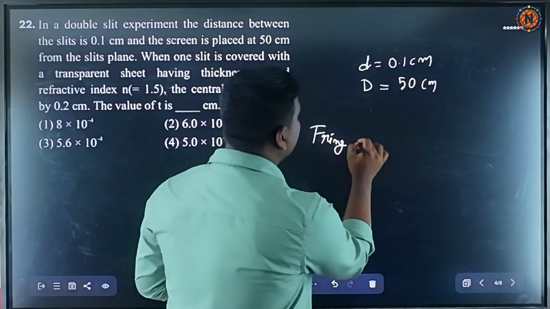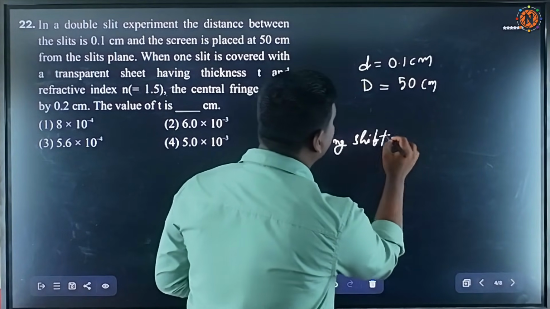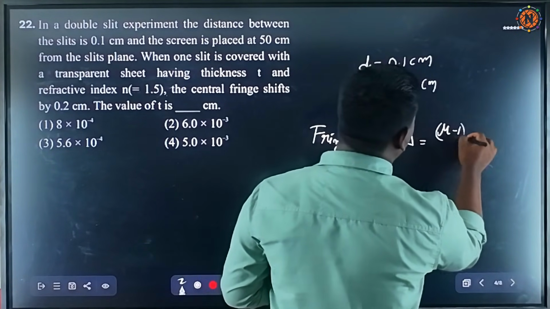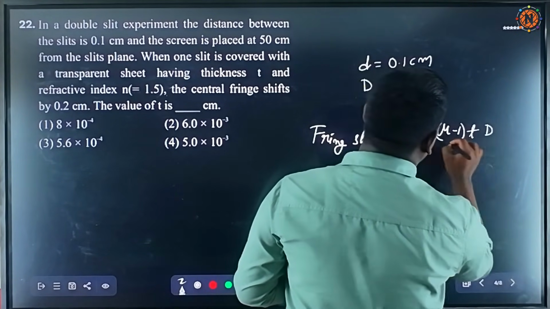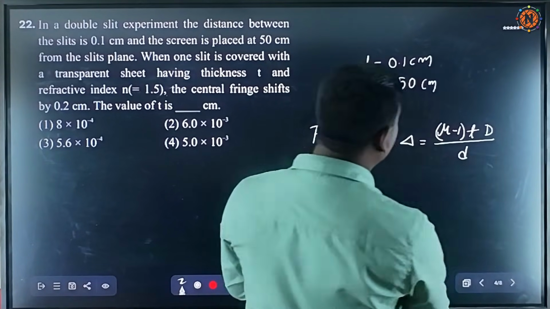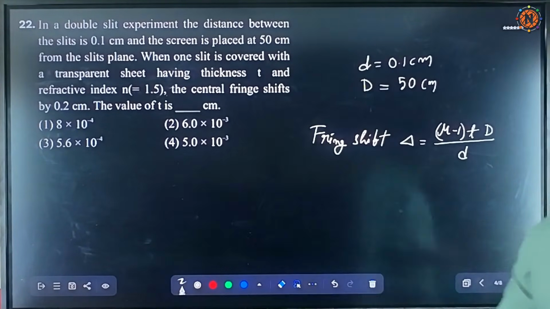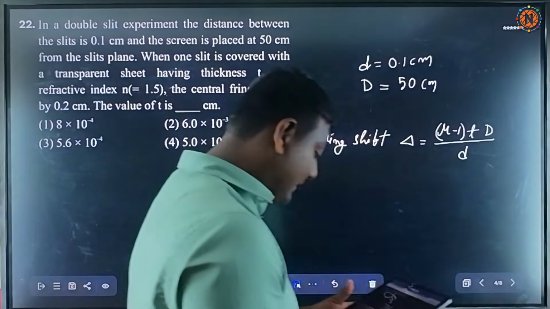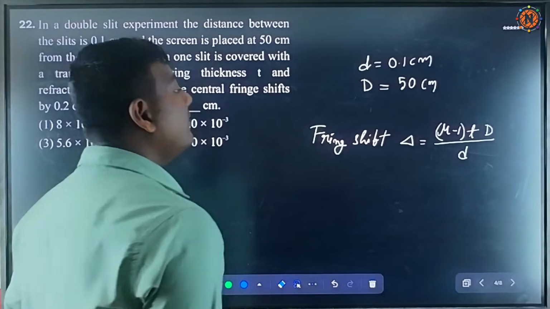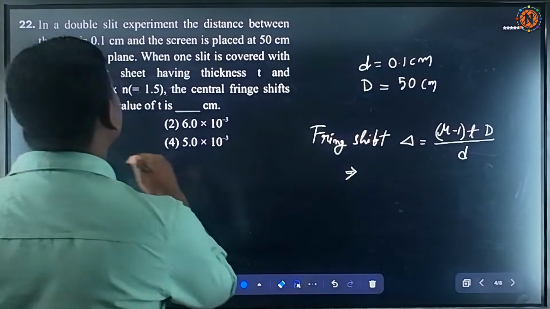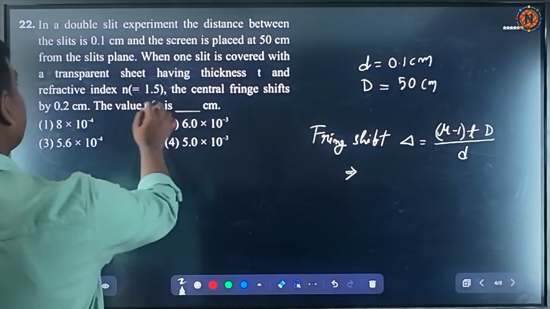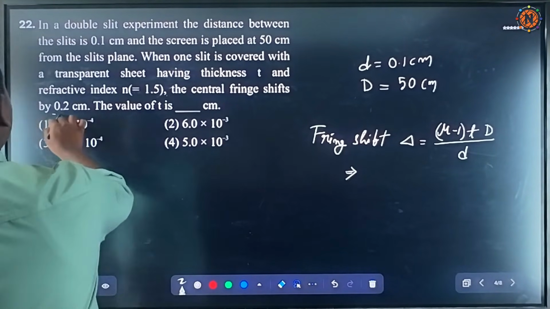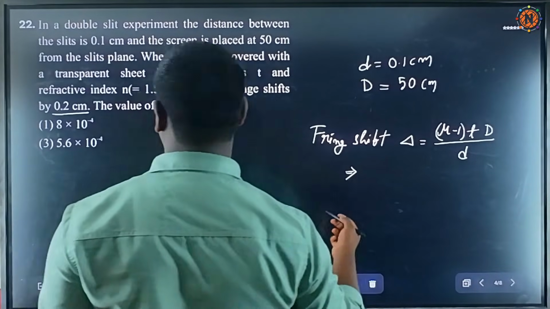For the fringe shift, which we denote as delta, there is a formula: (mu minus 1) t capital D by small d. Let me check this formula. Okay, yes, this is correct. Now, the central fringe shifts by 0.2 centimeter, that means delta is given, that is 0.2.